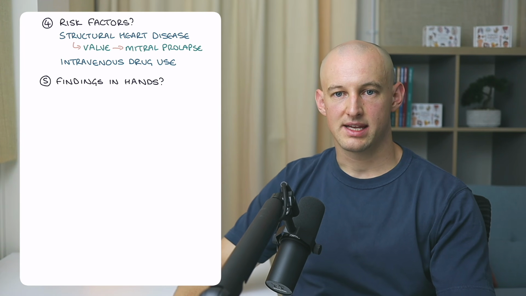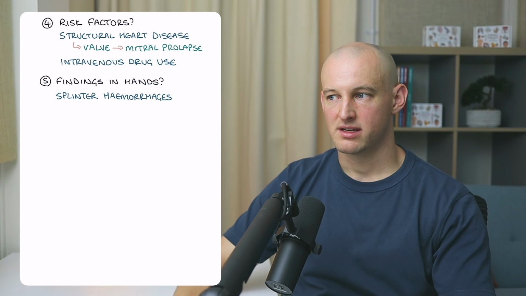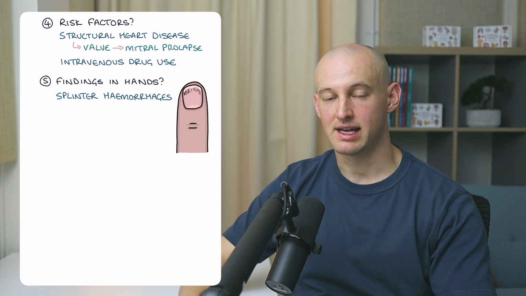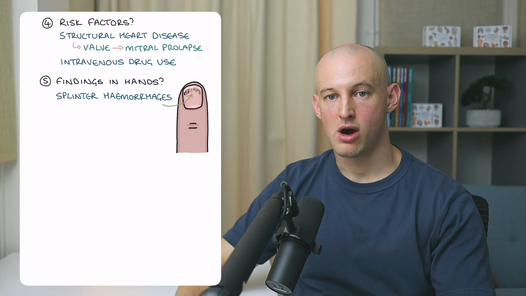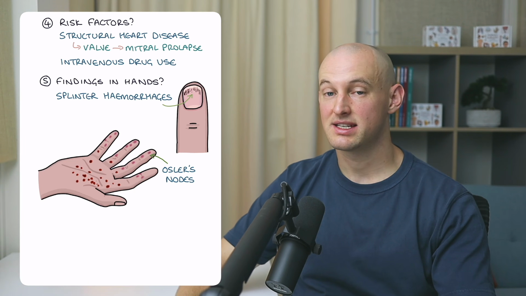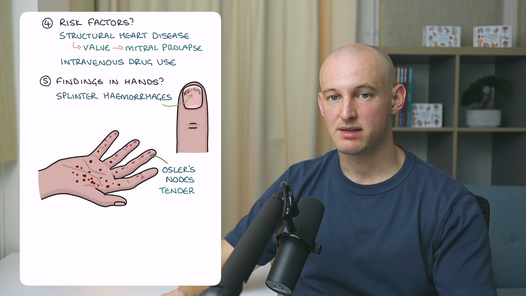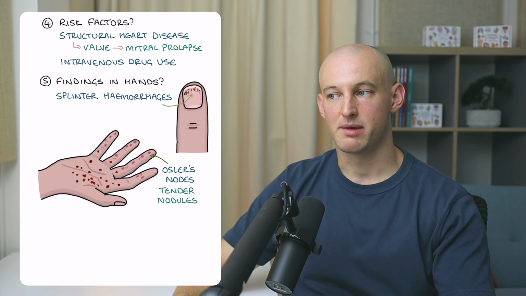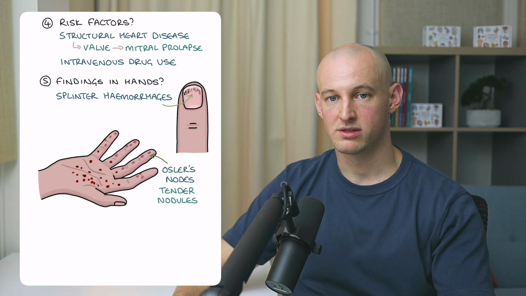So the first is splinter hemorrhages, which are thin red-brown lines that you can see on the fingernails. The second is Osler's nodes, and these are tender red-purple nodules, so they're actually raised and you can feel a little bump under the skin on the pads of the fingers and the toes.